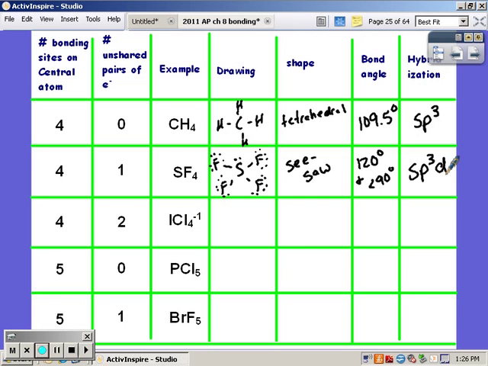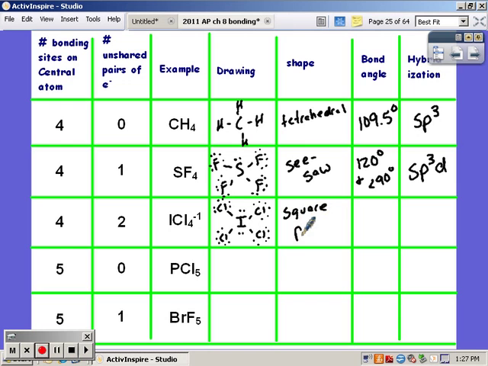I'm going to pause the video and draw ICl4 -1. So that's your structure.